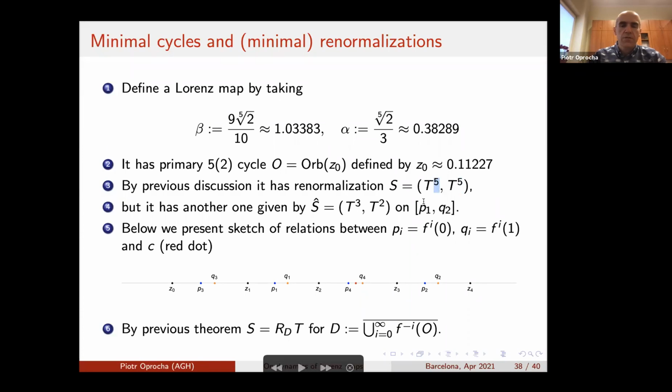But then we were able to find an example which has a primary 5-2 cycle, so it's not transitive. It has that special renormalization with T5, T5, but there is another one where both numbers are smaller. So sometimes it may happen that that one is not minimal, or in some sense independent of the other renormalization that you can find in your system.